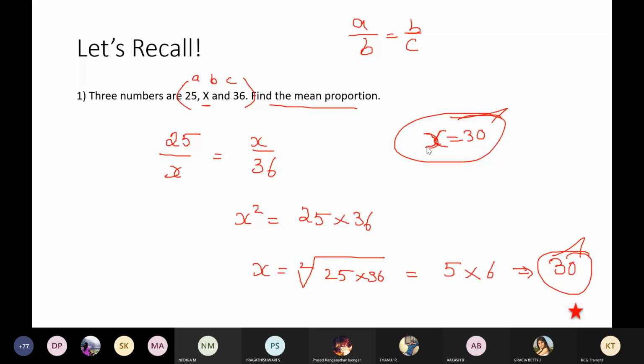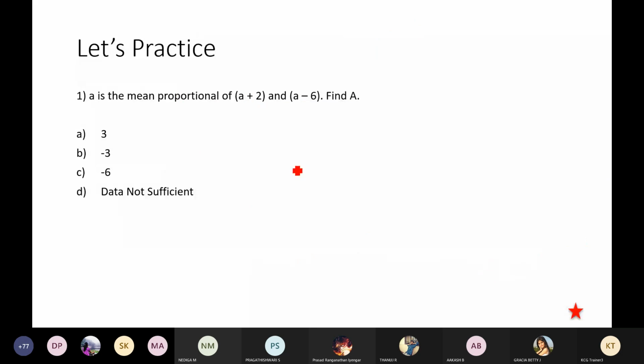Here's our next question. Come on, guys, try to answer this question now, fast. If A is the mean of these means, A plus 2 and A minus 6, it would mean that A plus 2 divided by A is equal to A divided by A minus 6.